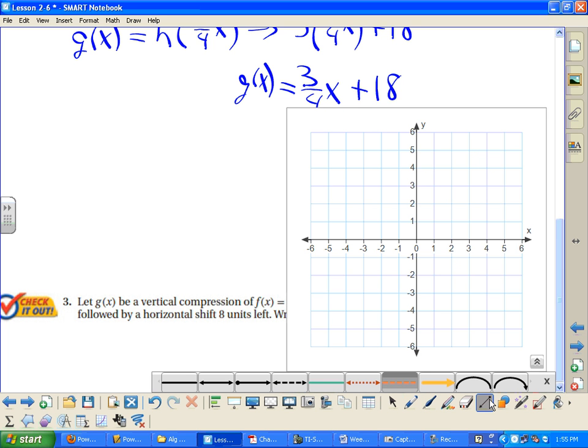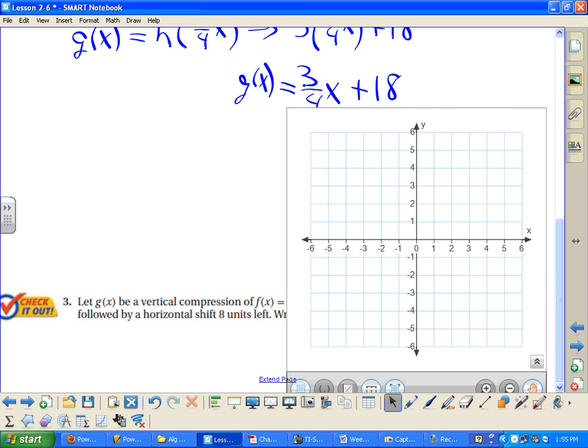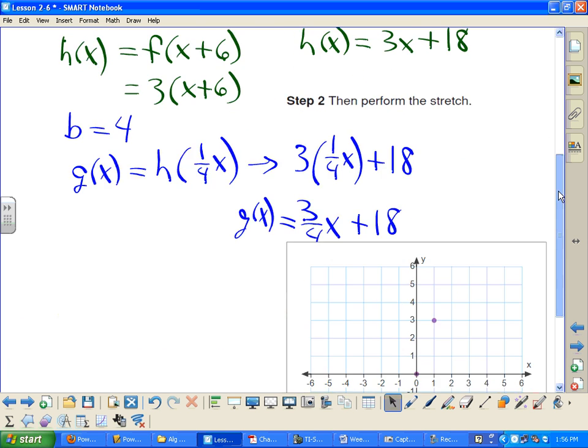All right, so here's the graph of 3x. The graph of 3x, the y-intercept is 0, right? Has a slope of 3. No, our original.